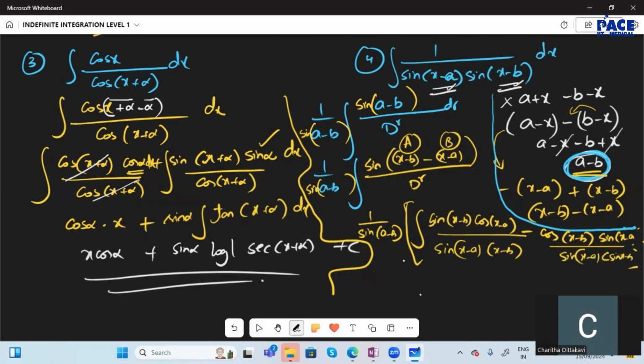So now there are terms which are getting cancelled. That is, your sine x minus B got cancelled. So you are left with cot x minus A here, minus here sine x minus A, and sine x minus A is getting cancelled with the cot x minus B dx, right? So 1 by sine A minus B.